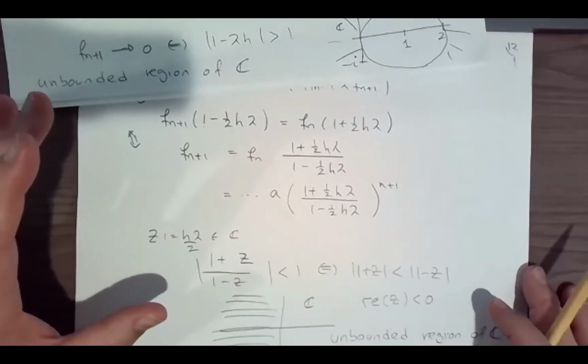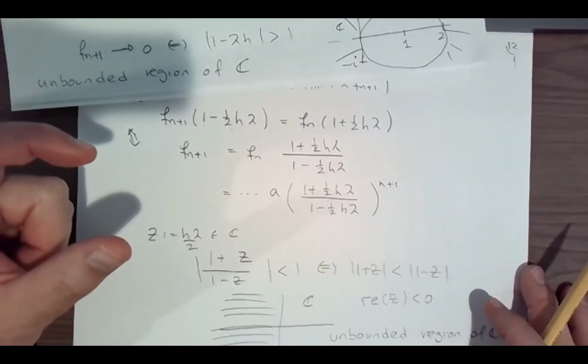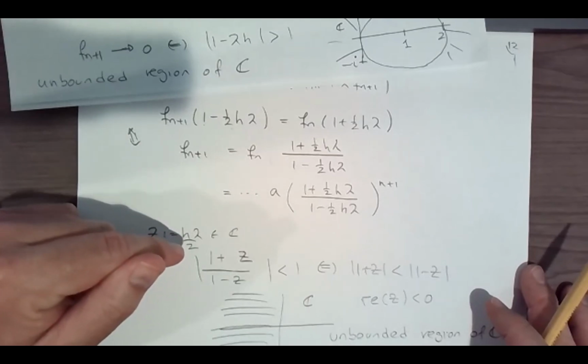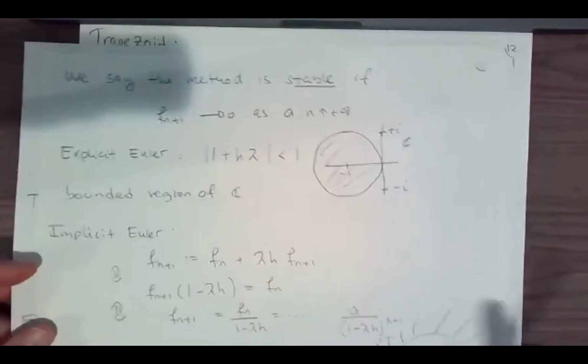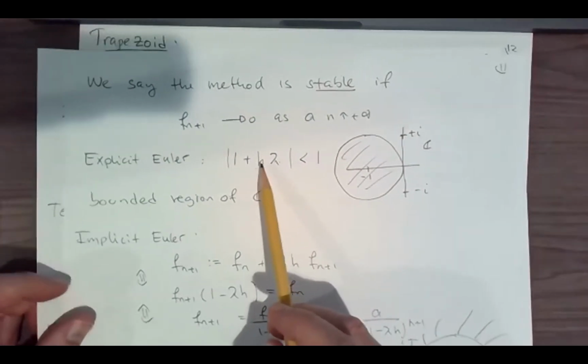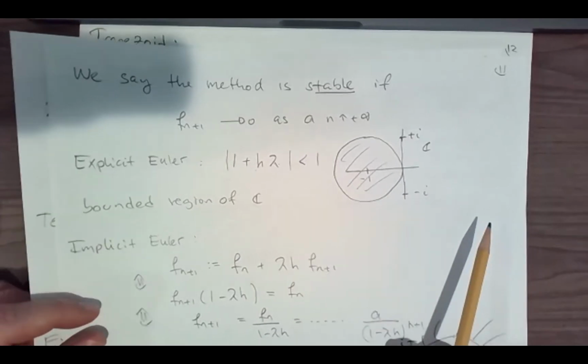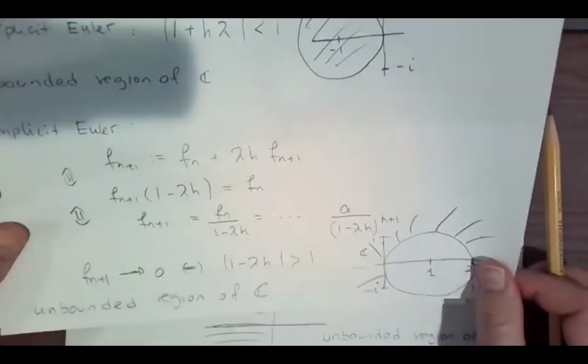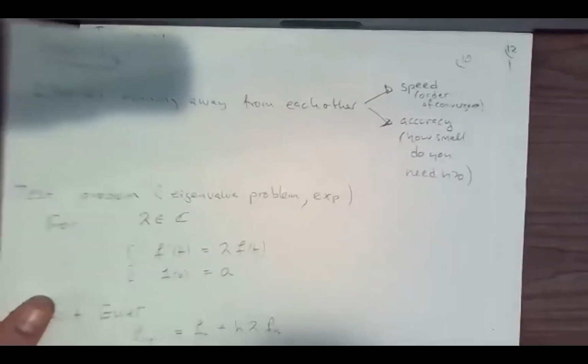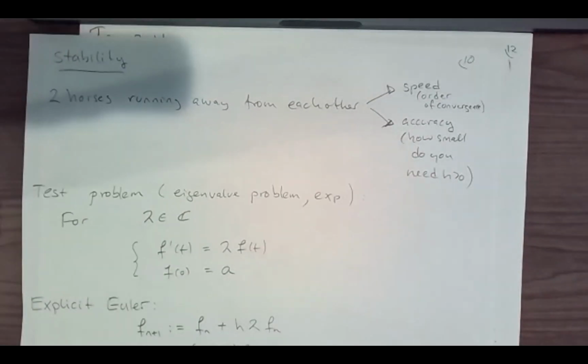They have unboundedness in terms of stability. So you have a lot more freedom in terms of choosing what h is. It works for many more h's. Whereas for the explicit Euler, the h that you choose has to be such that you end up in this ball here. It can't be that big. So that's what the implicit method buys you. You have more flexibility in terms of choosing the time step parameter.